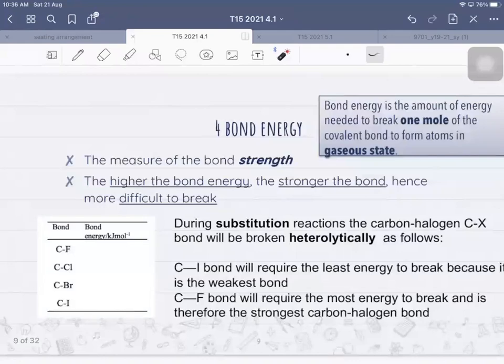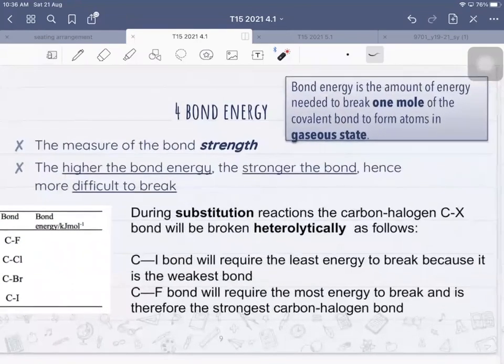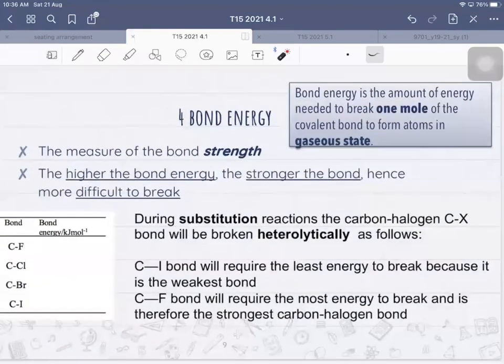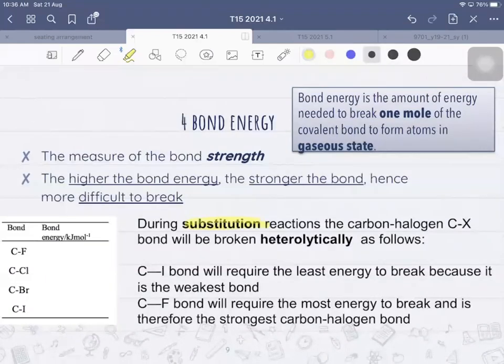Halogenoalkanes undergo two reactions, which are substitution and elimination, but the reactions that will be covered are mostly substitution reactions.